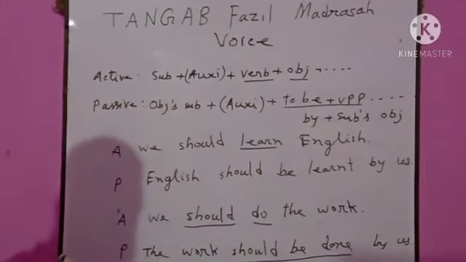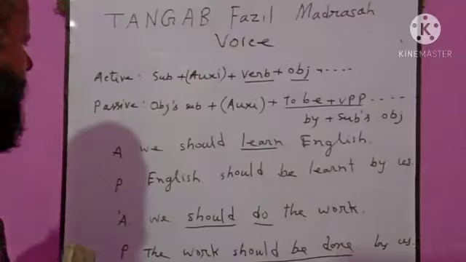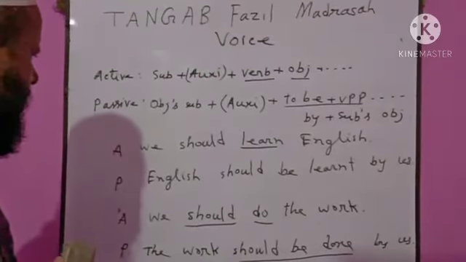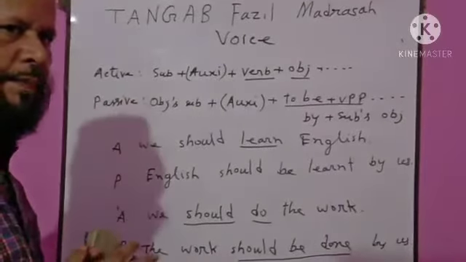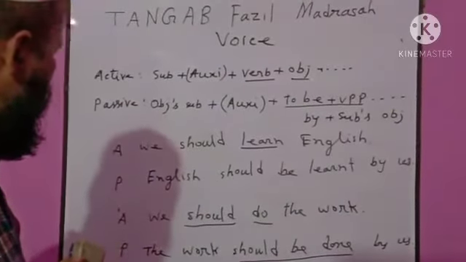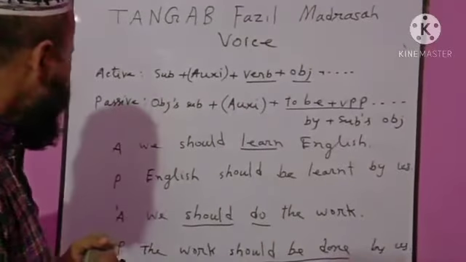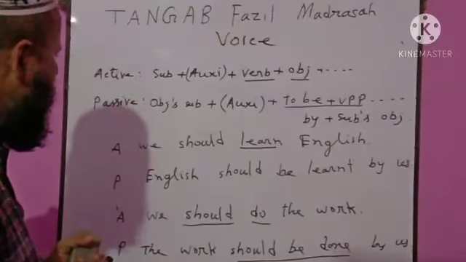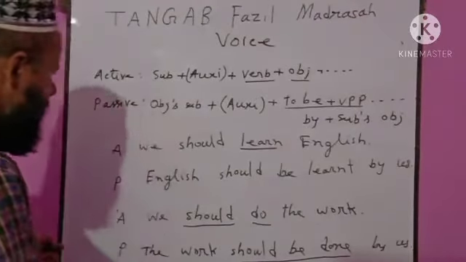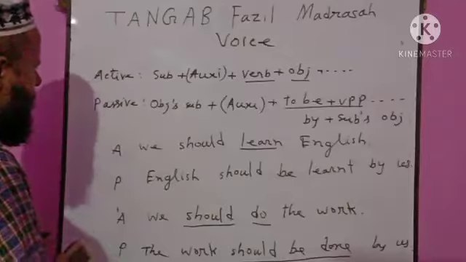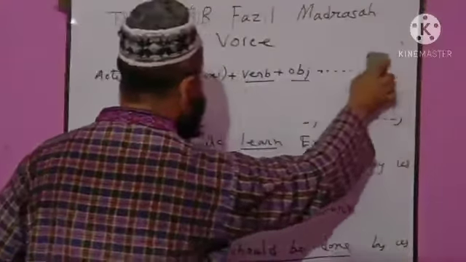I think you can understand active verb and passive verb, active voice and passive voice. You should learn some notes about active voice and passive voice. Now write down the notes.